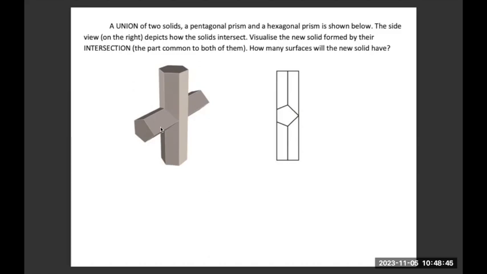Vishwa, Anshi, wrong answer. Yesha, wrong answer. You're closer, Yesha, but wrong answer.